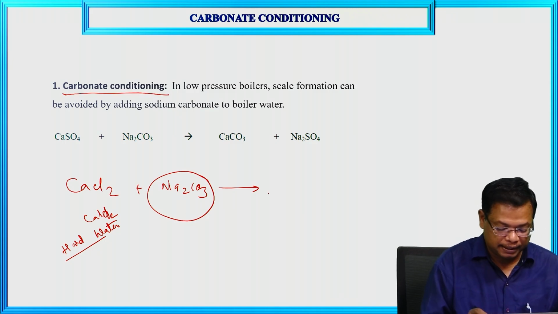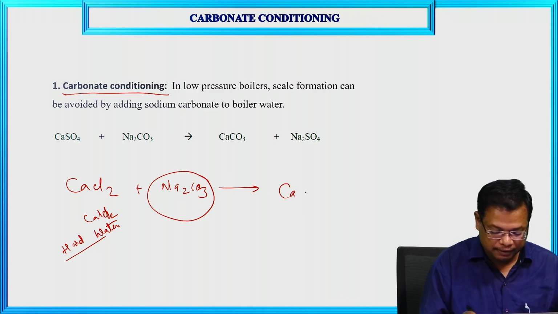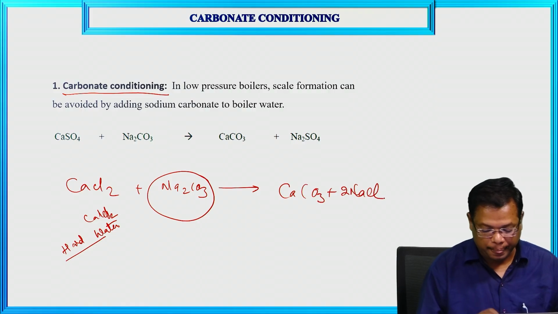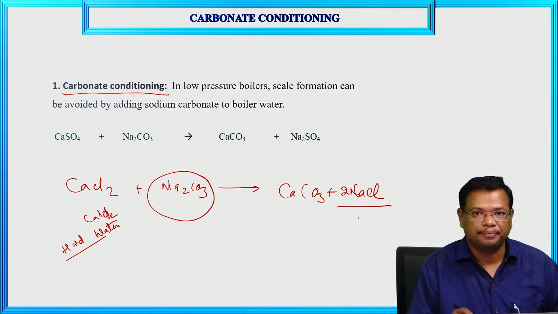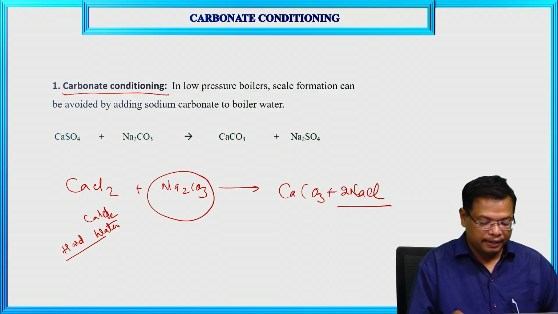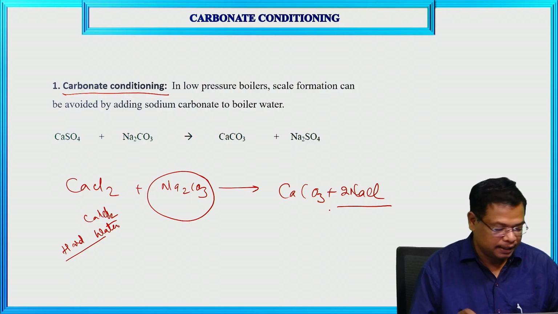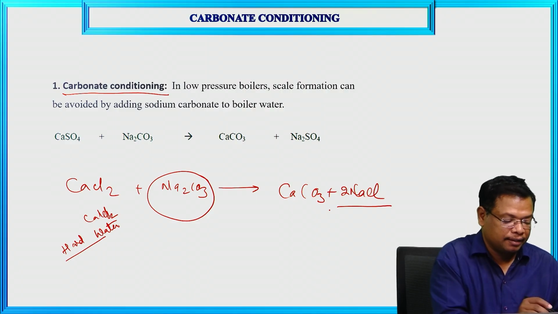So it becomes CaCO3 plus 2NaCl, which is a soluble salt in the water. Likewise, we remove the hardness causing salts by using the carbonate conditioning method.